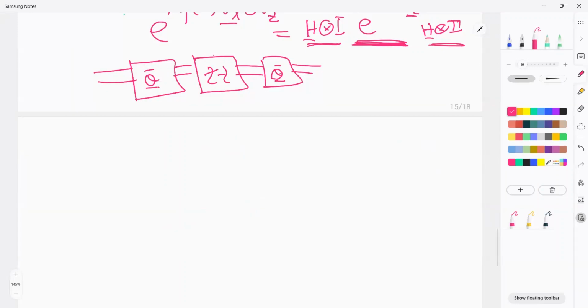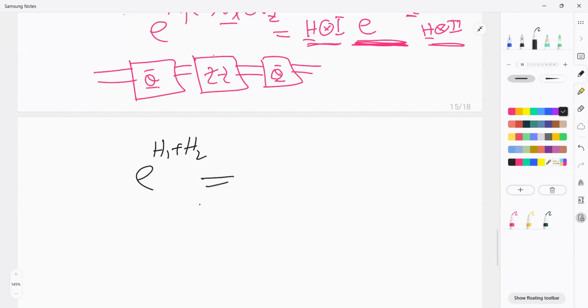But there's one very important point that I briefly want to make. Suppose we have a Hamiltonian that is a sum of two terms, suppose this is sigma x sigma y, this is sigma x sigma z, or maybe this is z1 z2, this is z2 z3.